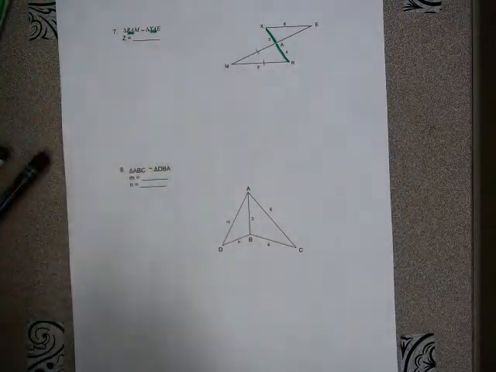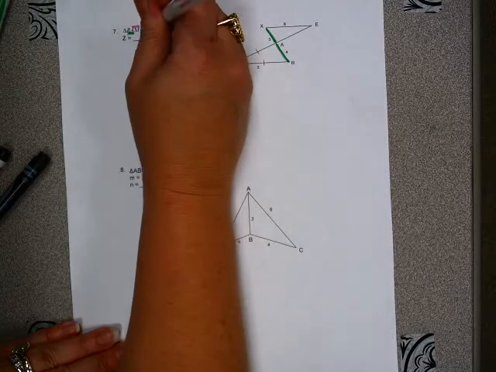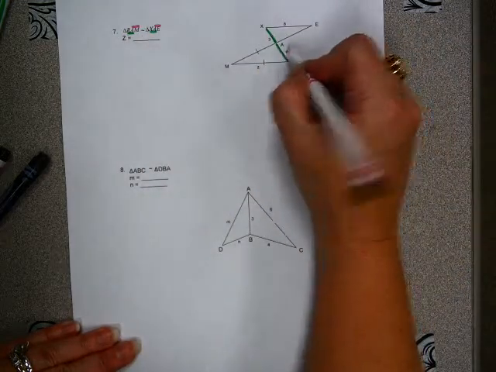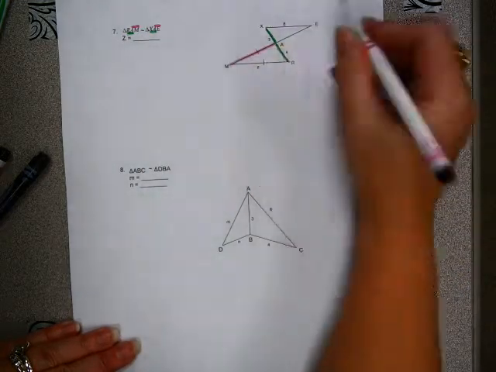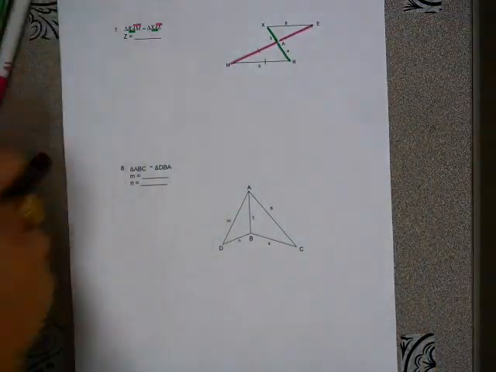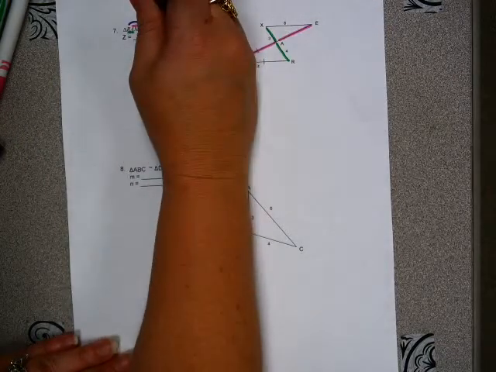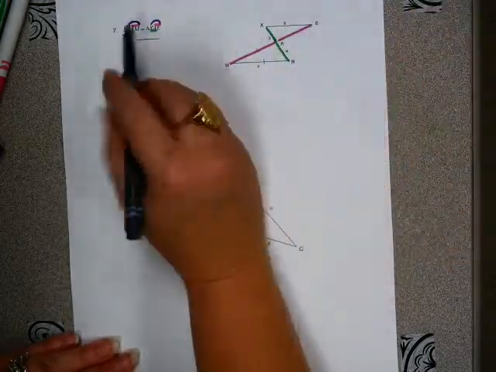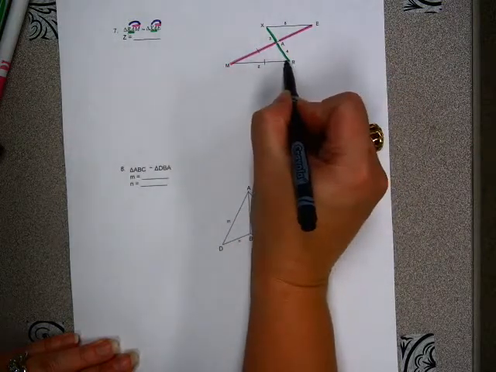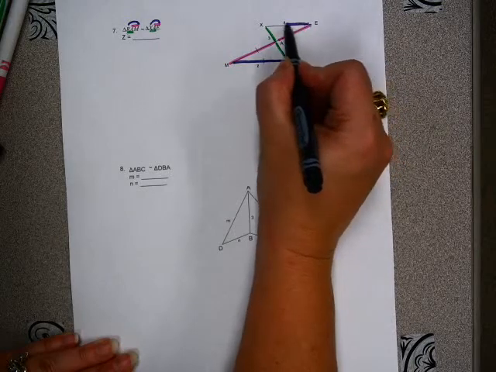Okay, then the last 2 letters, AM, has to match AE. AM is from here to here. AE is from here to here. And now the first and the last letter, that's going to be RM. So R to M has to match E to X.